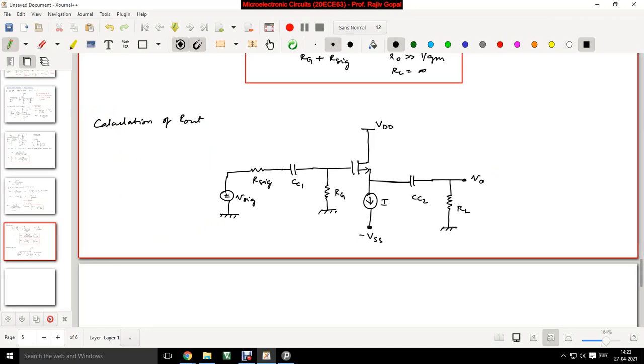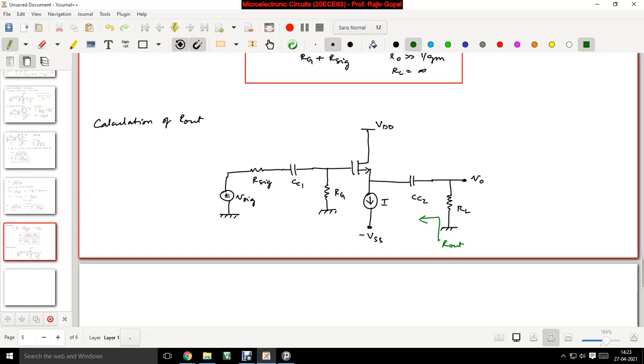So R out is this value. This is R out. Right, so I can remove V signal.